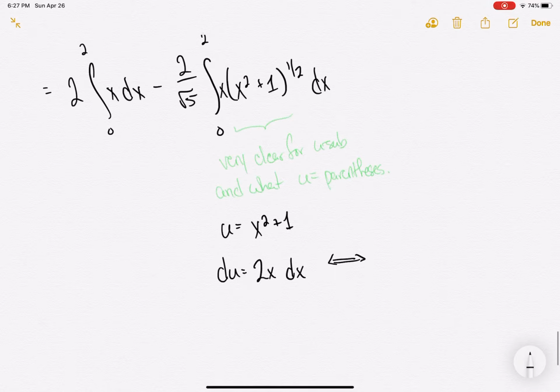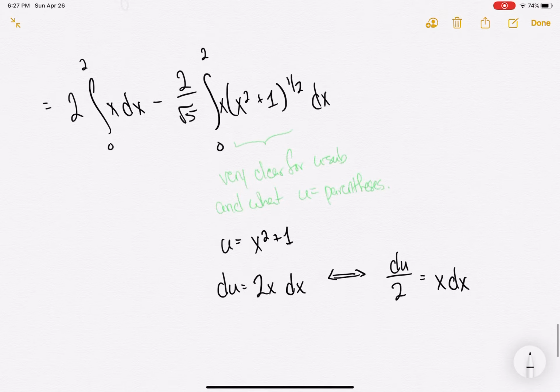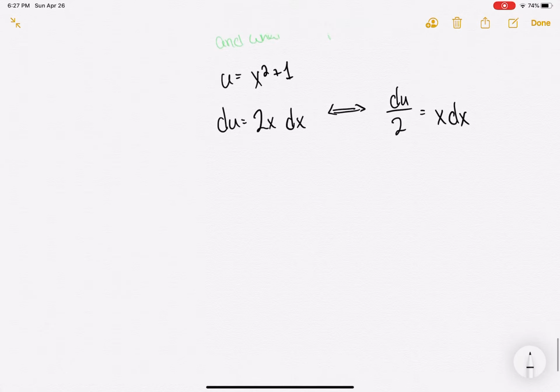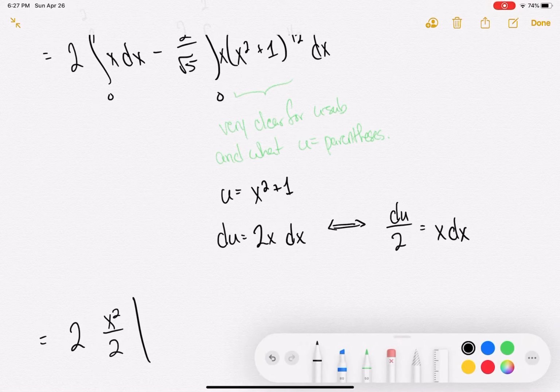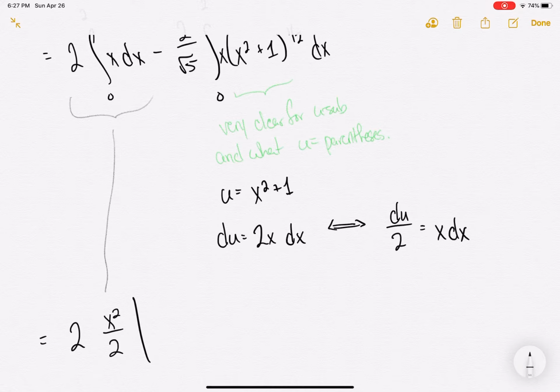And we have an x in the integral instead, so we're going to say du over 2 equals x dx. And so that gives us 2 x squared over 2. I'm just computing the integral of the first one here. Make sure you guys know that. That's that one.